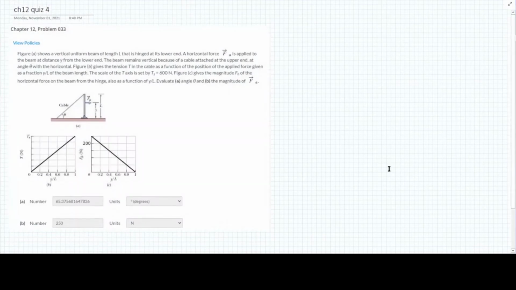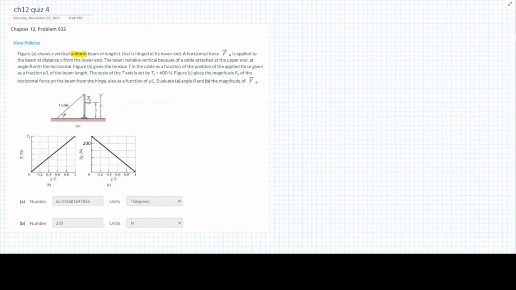Let's start. We have a vertical uniform beam. That's a keyword, uniform. This term uniform means that the center of mass is the same as the center of geometry.